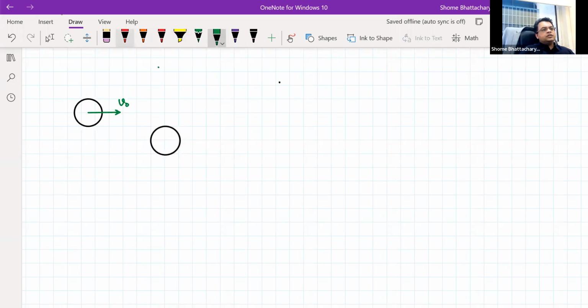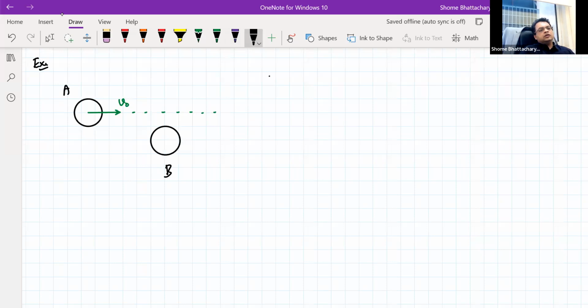So A and B are, let's say, identical in mass, and they collide obliquely in a perfectly elastic oblique collision. Then we have to prove that after impact, the final velocities will be perpendicular to each other.